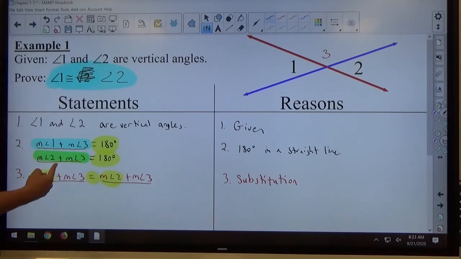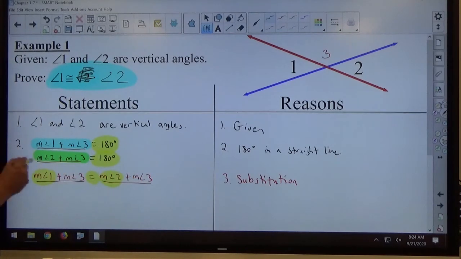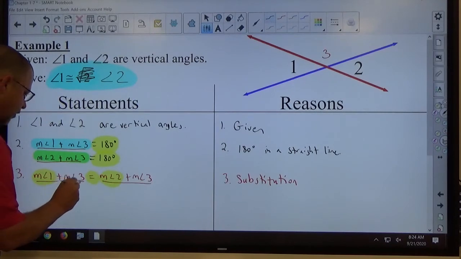And he remembers from algebra that you're allowed to subtract the same amount from both sides of an equation if you wish. So I don't know what angle 3 equals, but I know this and this are the same amount, right? So whatever it is, angle 3 is 72 degrees and then 72 degrees. They're the same number. So I'm going to subtract the measure of angle 3 from both sides.